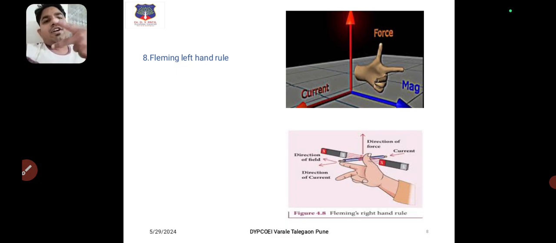When three fingers are stretched such that they are perpendicular to each other: in Fleming's left hand, the thumb denotes the force, the index finger shows the field or flux, and the middle finger shows the current. In Fleming's right hand, the thumb shows the motion, the index finger shows the field, and the middle finger shows the current.